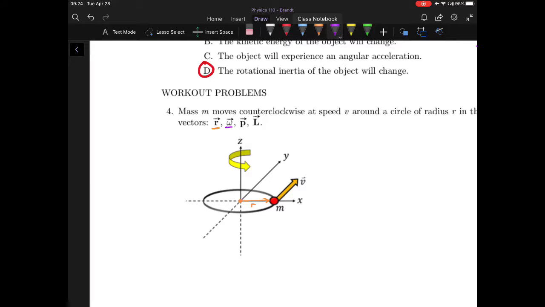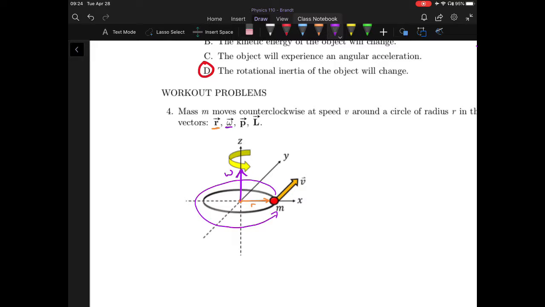And then we'll look at omega. So for omega, we're going to use the right hand rule. We will curl the fingers of our right hand in the direction that we are moving. So if we are moving in this direction around that circle, we'll make sure that our fingers are curling in the direction of the object's motion, and our thumb should point up in the air, along the positive z-axis here for omega.